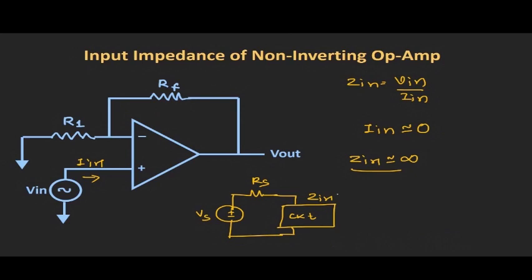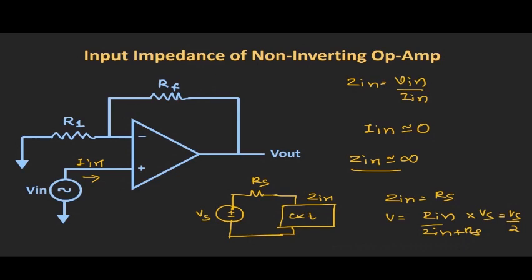So now whenever the value of this input impedance is comparable to the value of this Rs, then in that case the voltage that appears across the two terminals of the circuit will be equal to Zin divided by Zin plus Rs into Vs. And as Zin is equal to Rs, then the value of voltage V will be equal to Vs by 2. So only half of the voltage will appear across this circuit.